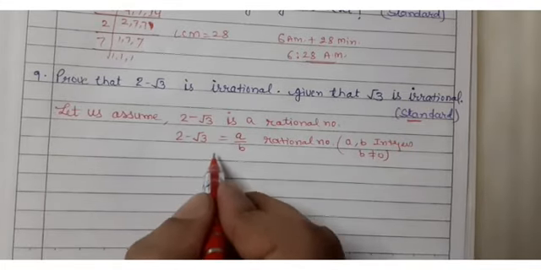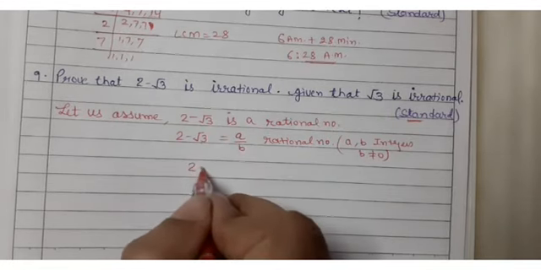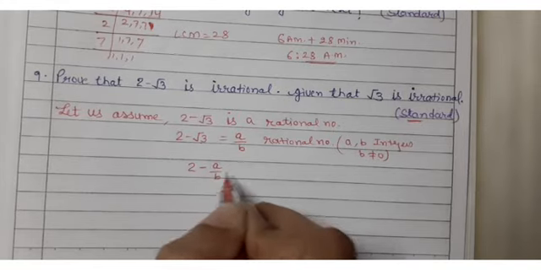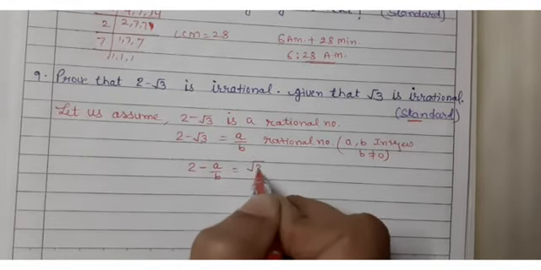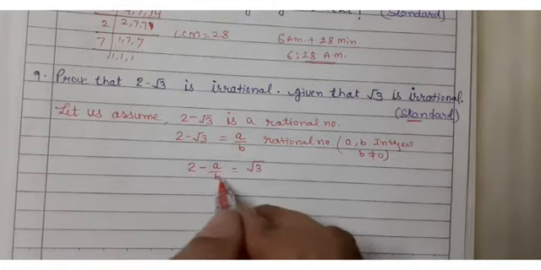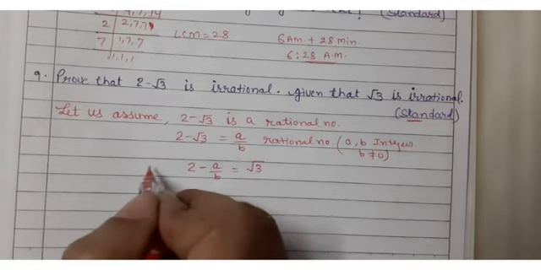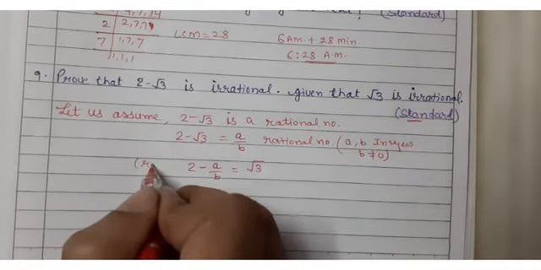Then what I am going to do is send root 3 to the other side, and a and b here, making this positive. Again on transferring, this will be a rational number.